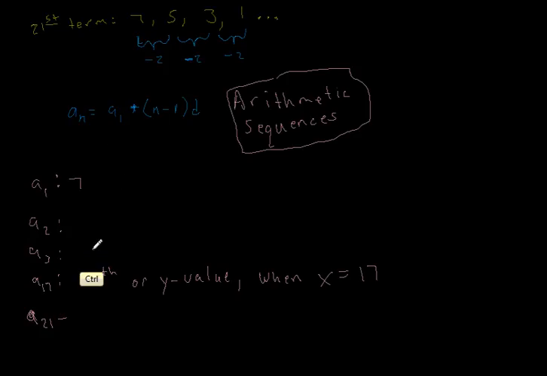Before I jump into a21, let's talk about one more generic term, and that generic term is a sub n. a sub n is the nth value, it could be anything.